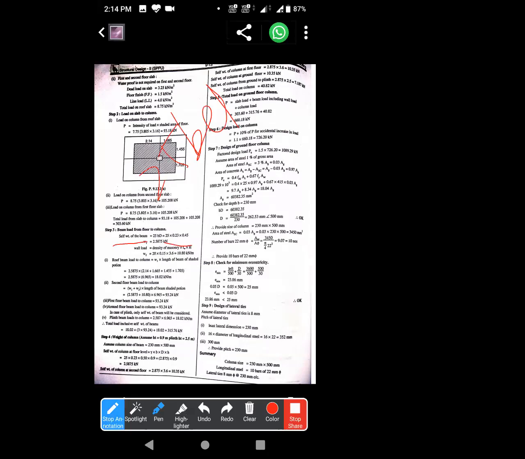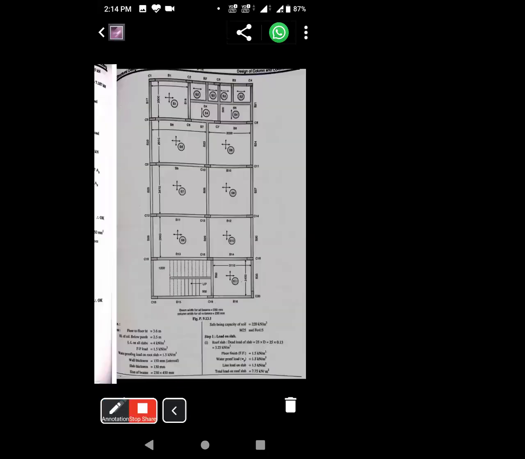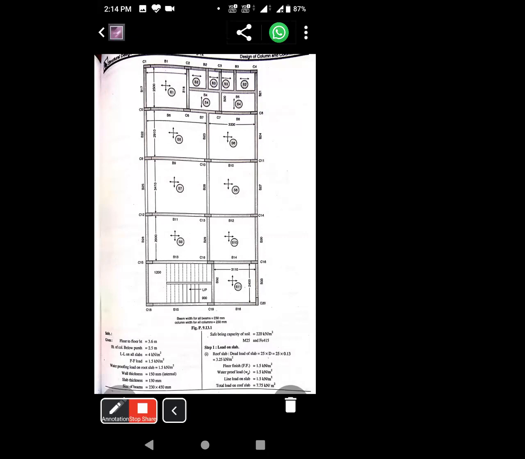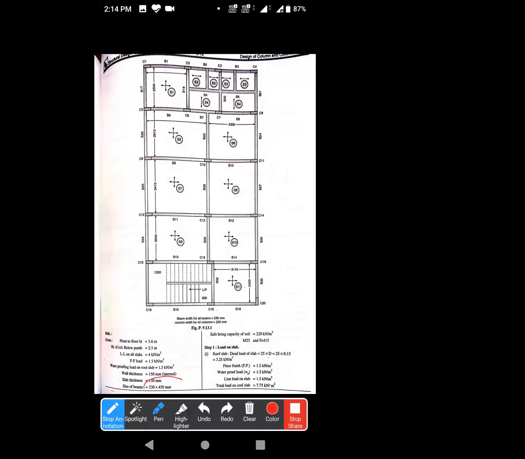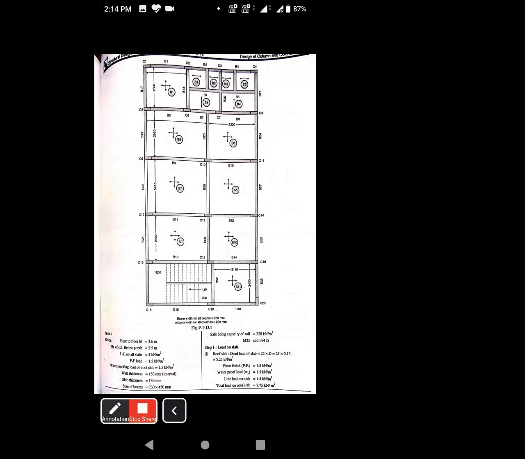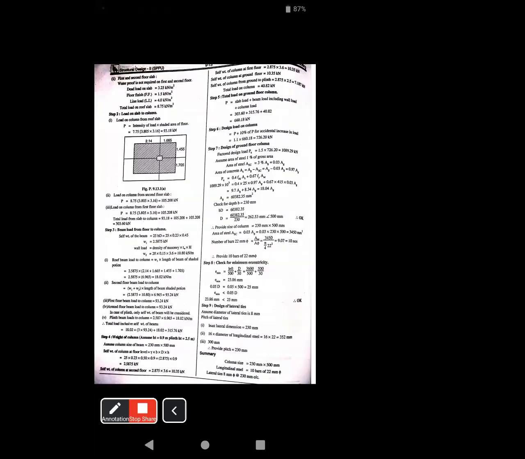The beam size, B into D, is given to you in the question itself. We calculate the self weight of the beam first, that is 2.5875 kilonewton per meter.